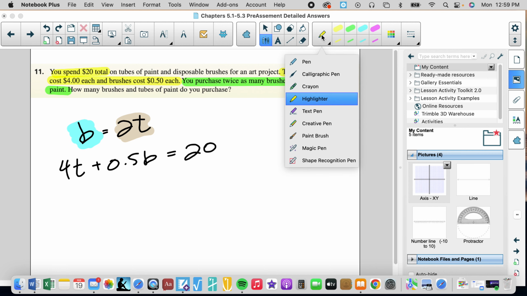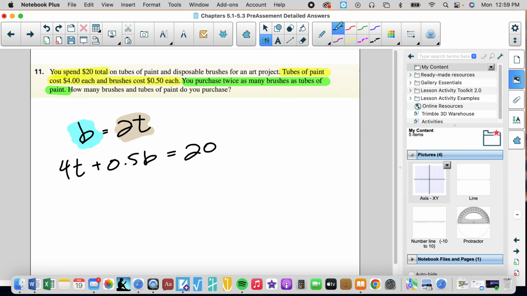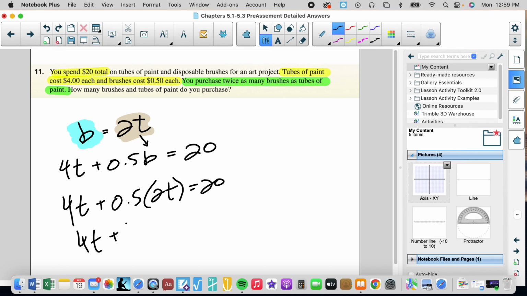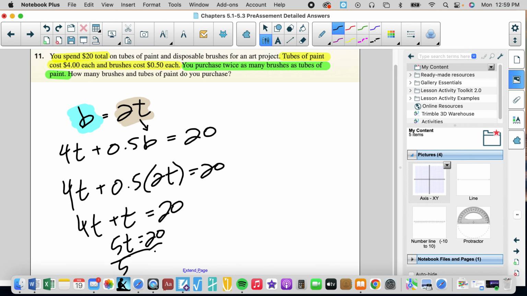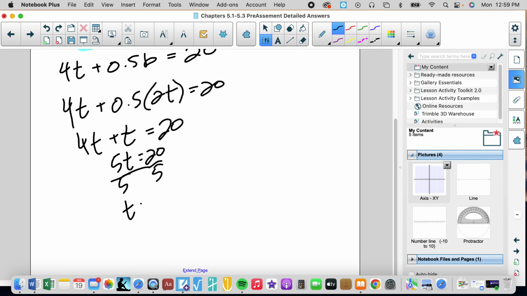So we're going to take that value and plug it in for b, which gets rid of one of our variables: 4t plus 0.5 times 2t equals 20. 4t plus, half times 2 gives us just t, equals 20. 5t equals 20. So notice that I'm solving for t, which is the number of tubes.